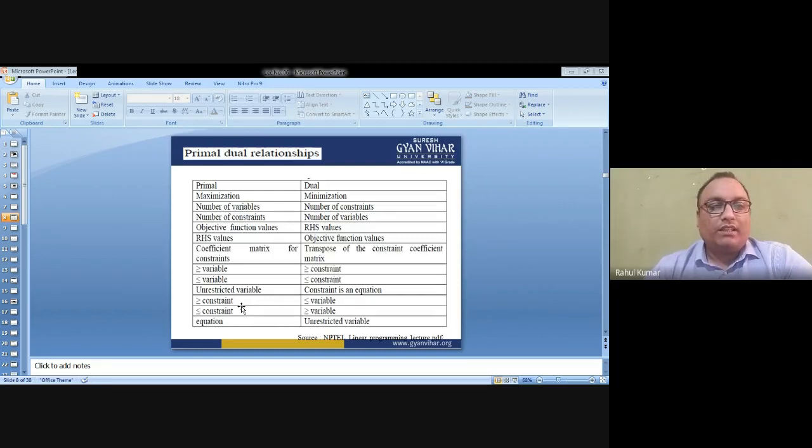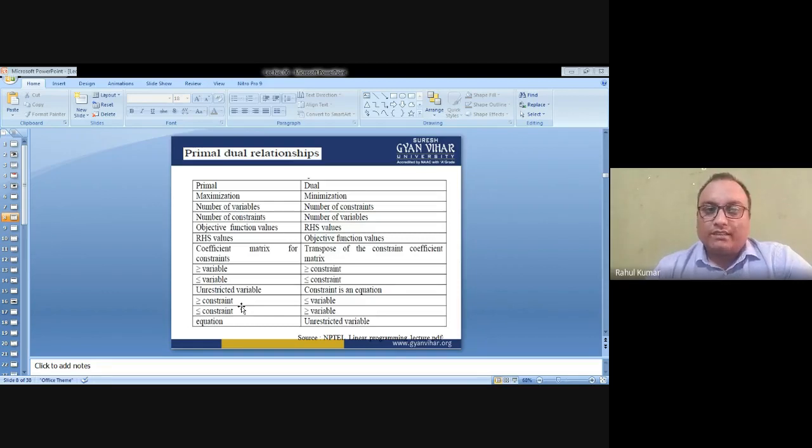So primal and dual, what is the difference between the two? The primal shows the maximization of the function. The dual shows the minimization of the function. Here the number of variables is limited, but in the dual function the number of constraints is limited. Here are the number of constraints, number of variables and objective function values.